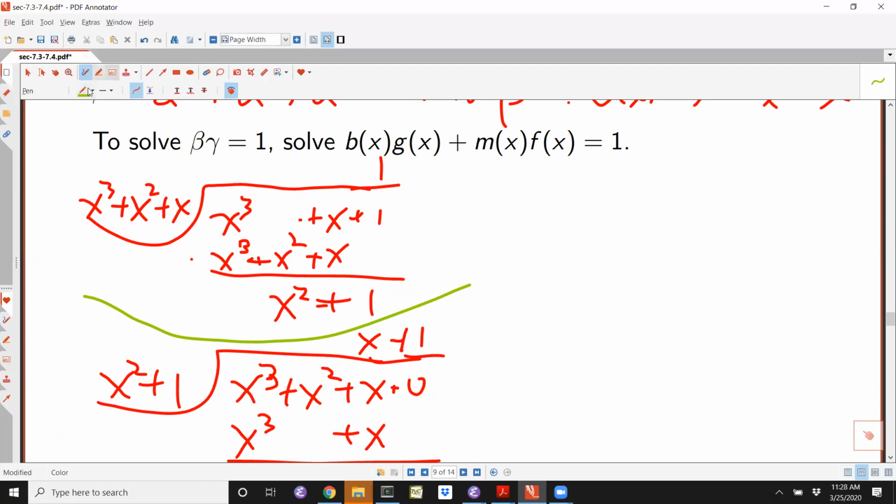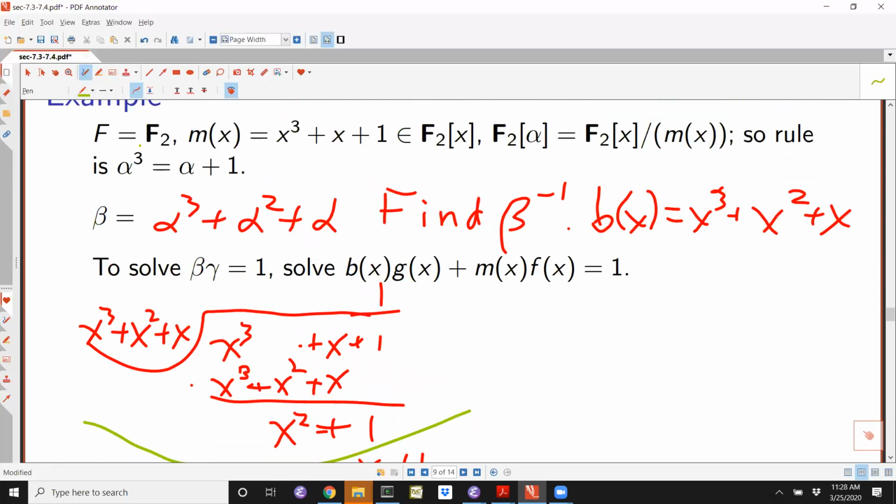Okay, so anyway, the point is, oh yeah, actually I should use a different color here. So x cubed plus x plus 1, that was our m of x. And this over here was our b of x.